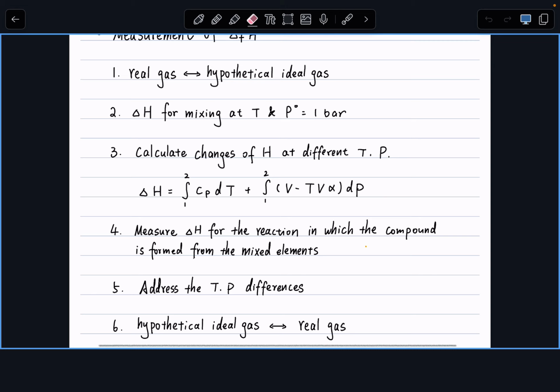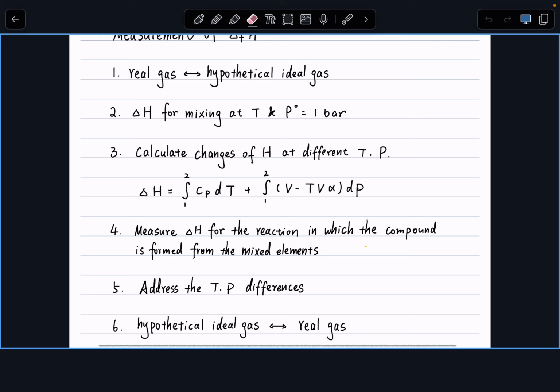So let me put this one. This one is, say, originally we're at 1 bar and 298. Calorimetry we can add like T prime and P prime, right? So number 5 is obviously we want to translate this back to the standard state, right? Which is 1 bar and 298 Kelvin. So this is change P back to 1 bar and 298 Kelvin.